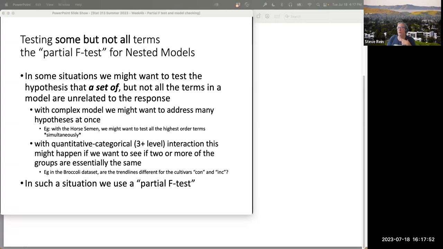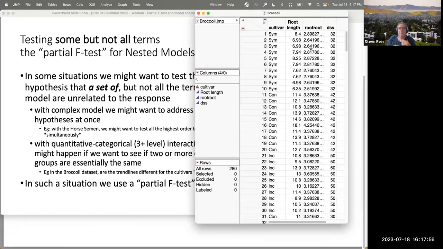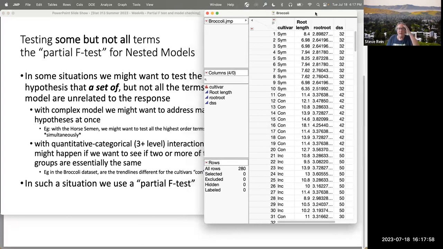I want to show you a slightly different situation in class. To motivate, let's talk about our broccoli data from the Santa Maria Valley. These are in number of days since the plant was seeded, or I guess since we put a seed into the ground that will eventually form a plant. We have information on the root length, which, no surprise, grows across time.